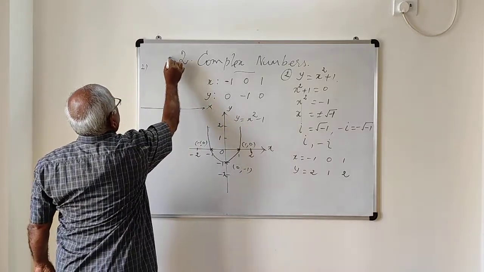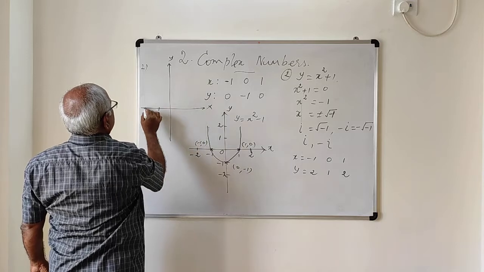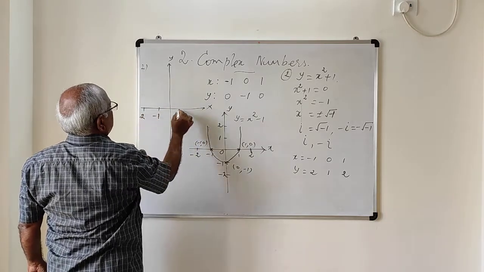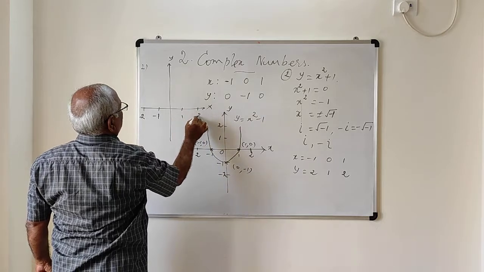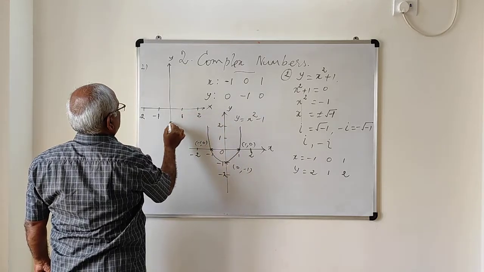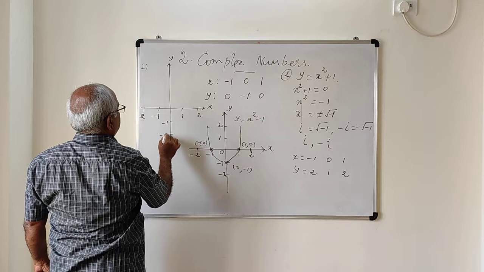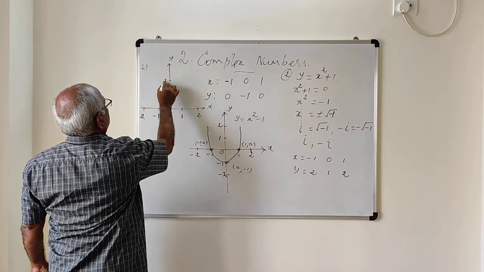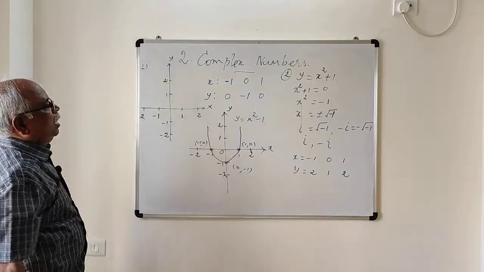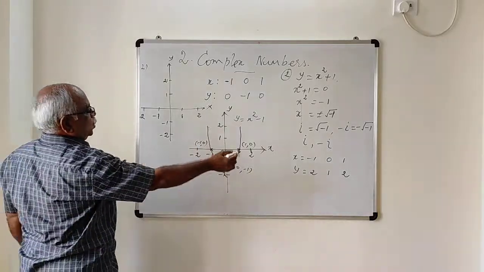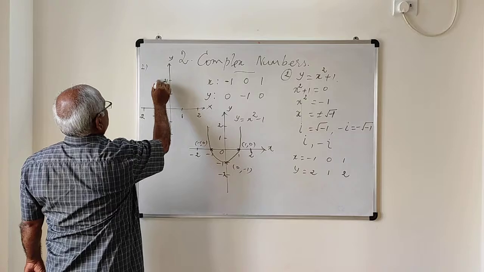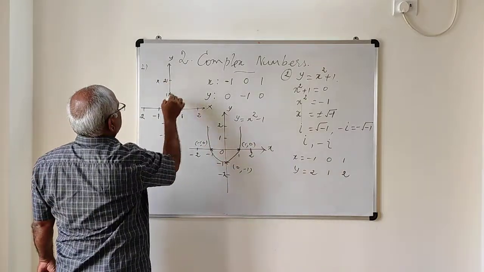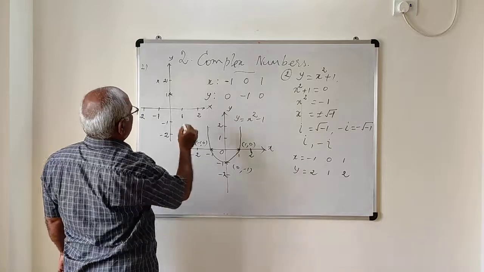This is your imaginary axis. 1, minus 1, 2, minus 2. This is 1, 2, and this is minus 1, minus 2 on the imaginary axis, the y-axis. Here x is minus 1, y is 2. And x is 0, y is 1. x is 1, y is 2.